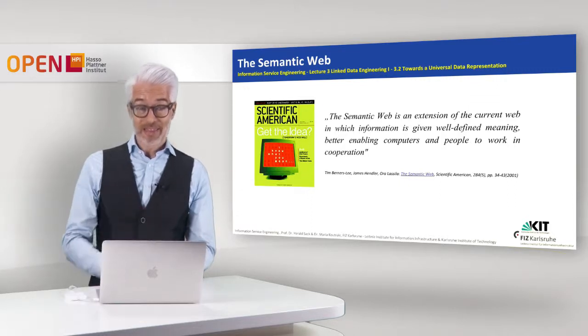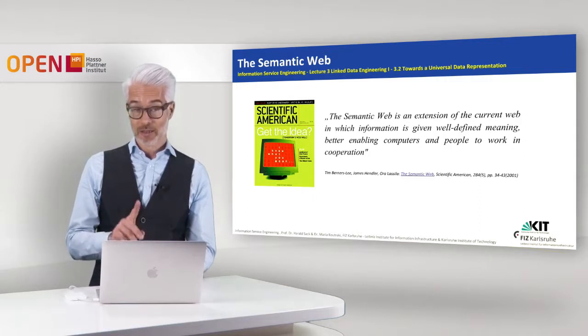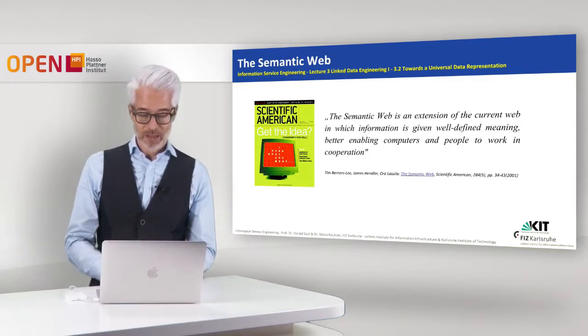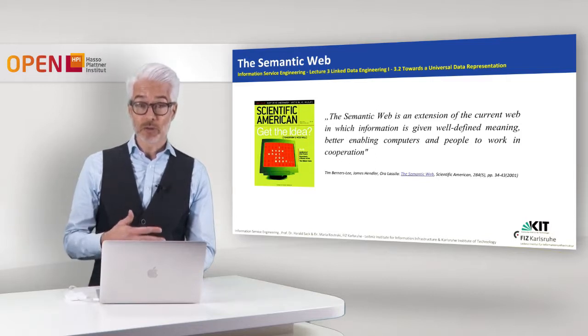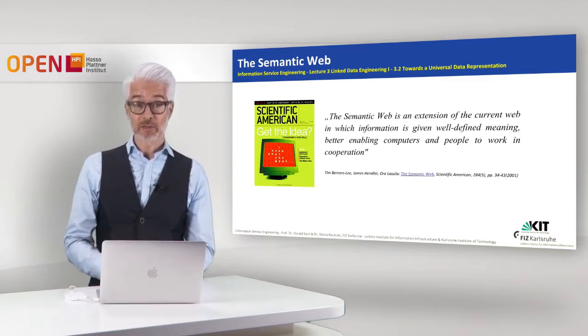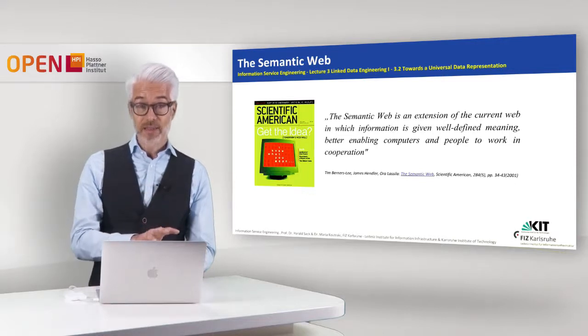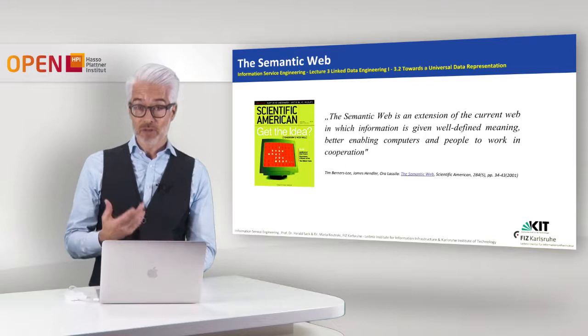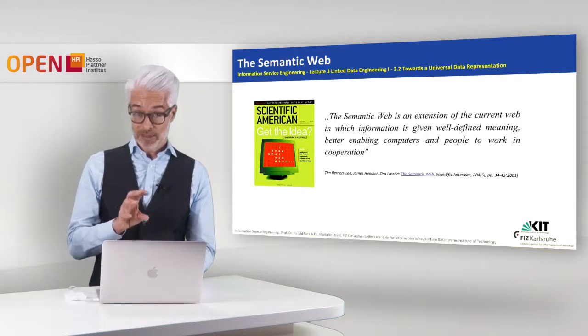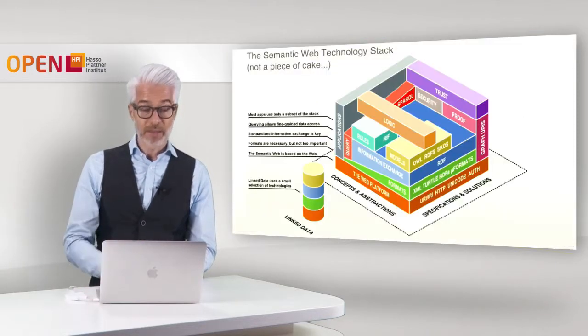And this kind of initiative goes back to Tim Berners-Lee, who also was the inventor of the web, and other researchers from this research area. And we will see what was the proposed architecture for that kind of semantic web, where information is delivered with a specific formal representation explicitly of its meaning.